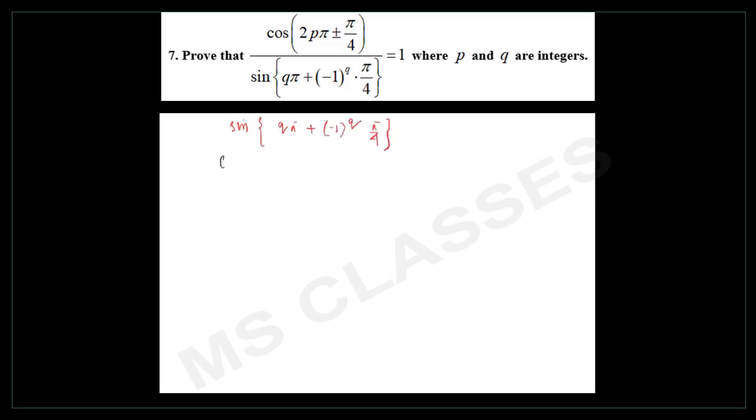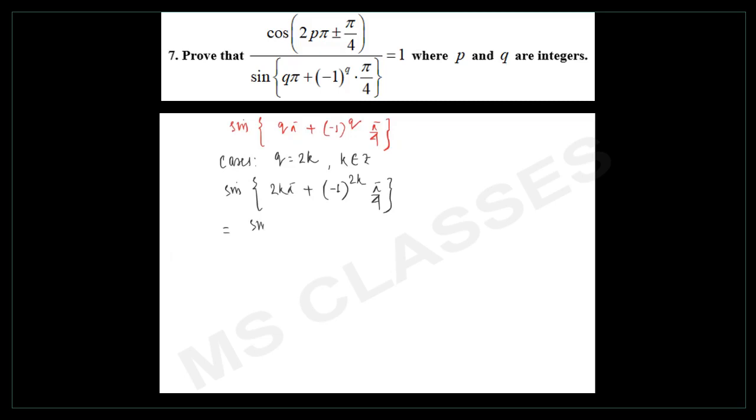Case 1, q equal to 2k, k belongs to integers. So sine 2k pi plus minus 1 to the power of 2k into pi by 4. Now from this what we can write?